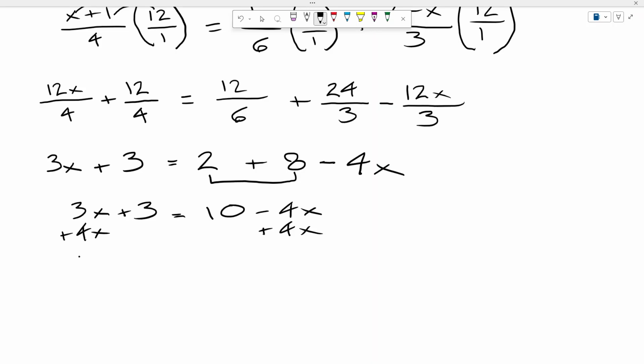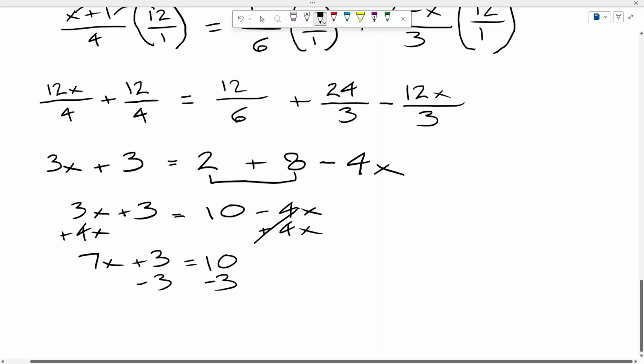Okay, so we have 7x plus 3. And then that is now gone. And then if we subtract the 3, we have 7x equals 10 minus 3, which is 7.